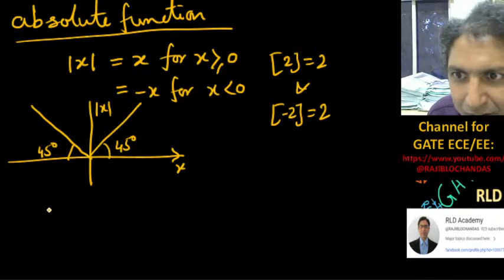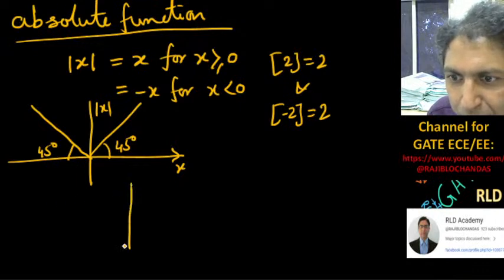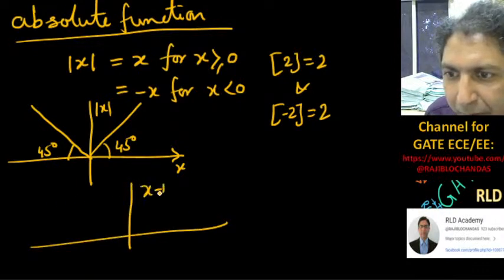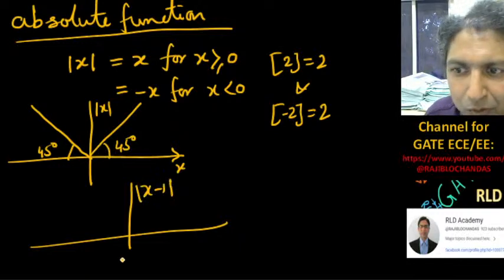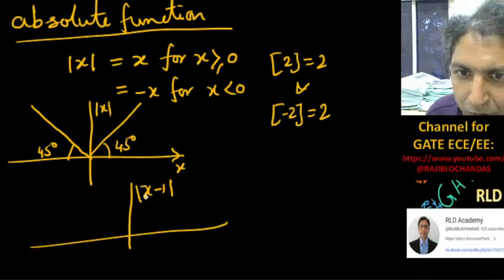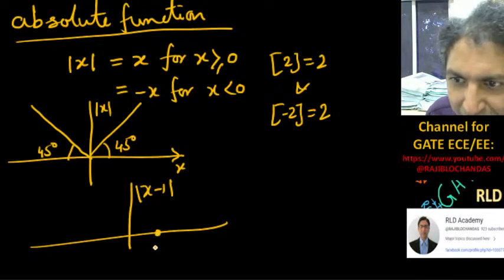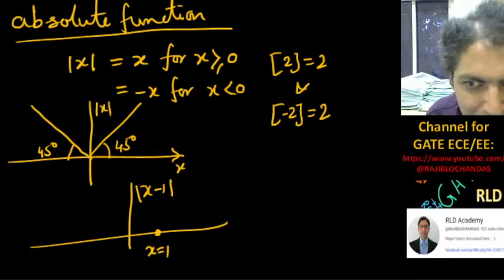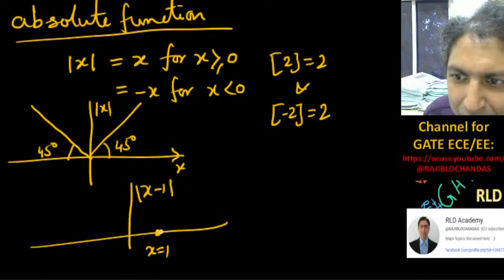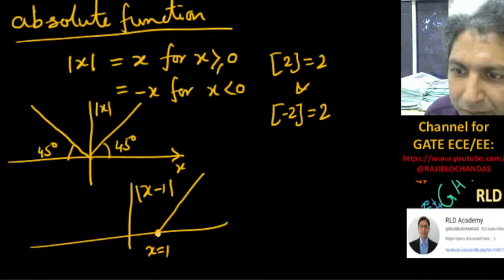Now, suppose I want to draw mod of x minus 1. So what will we do? I need to find the vertex, where it will be 0. So at x equals 1 it will be 0. First I put x equals 1 here, and there I will consider this mod x.